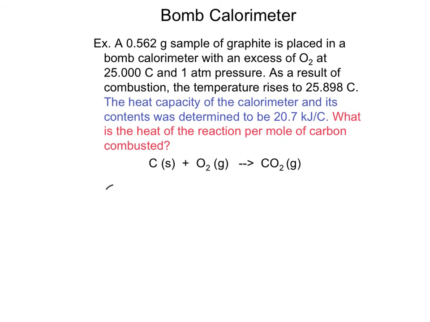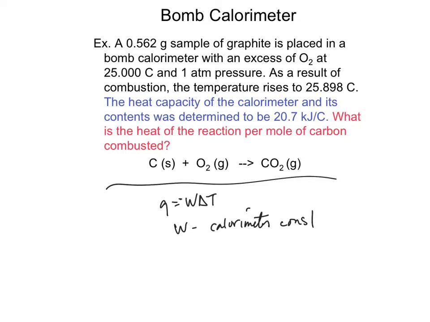Okay, now the equation we want is Q is W delta T, and we are going to put a negative sign there. Heat's given off in this one as well. W is the calorimeter constant, and then delta T we know, and Q we're going to calculate there.